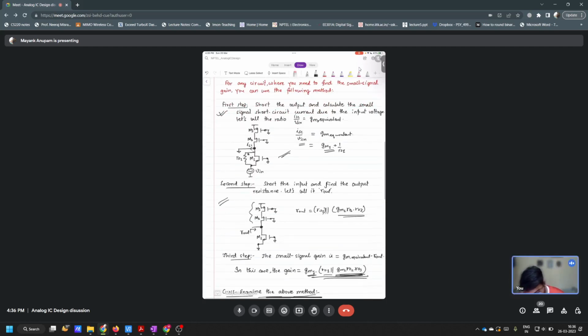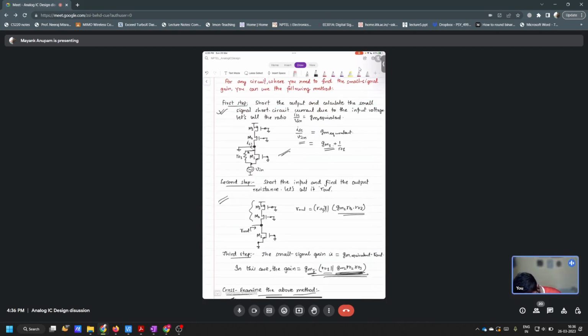Okay, fine. See, this is V in, right? And what do we need to find out? This output current ISC; we have to find ISC by V in. Because of this V in, what will be the output current? Forget this RO1 for the time being.